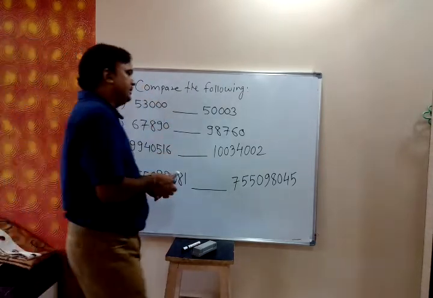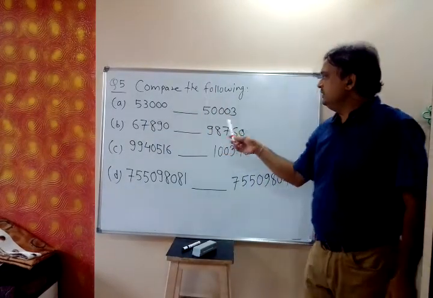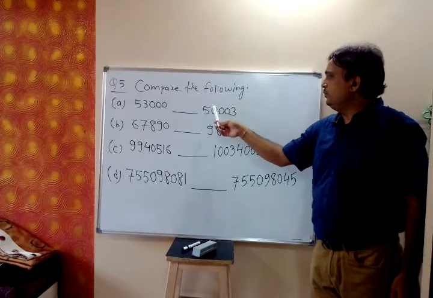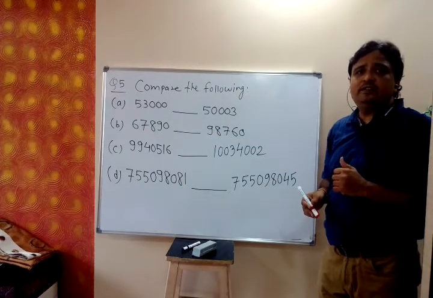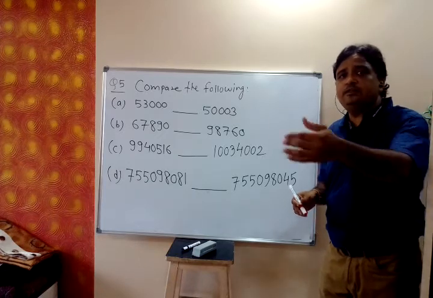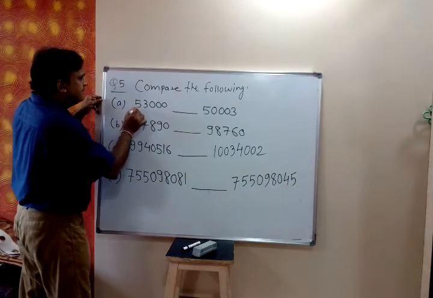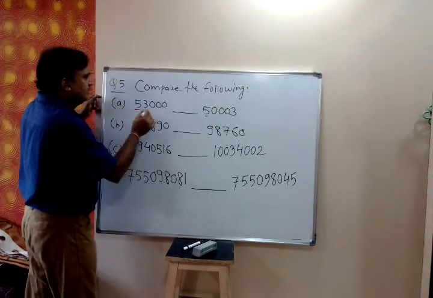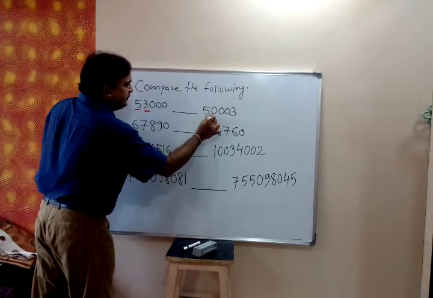Now let us see first number. 1, 2, 3, 4, 5. 5 digit. Yes, both are 5 digits. So I will start comparing the digit from left. This is 5. This is 5. Then this is 3, this is 0.